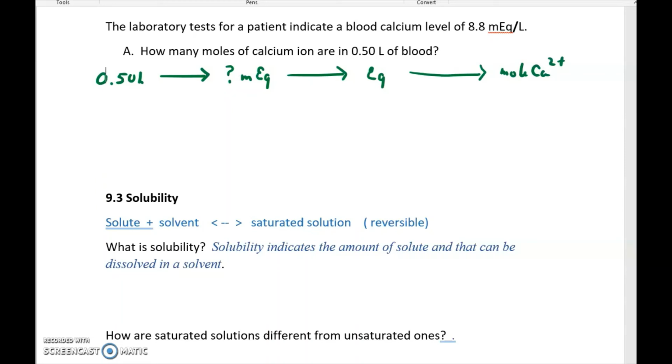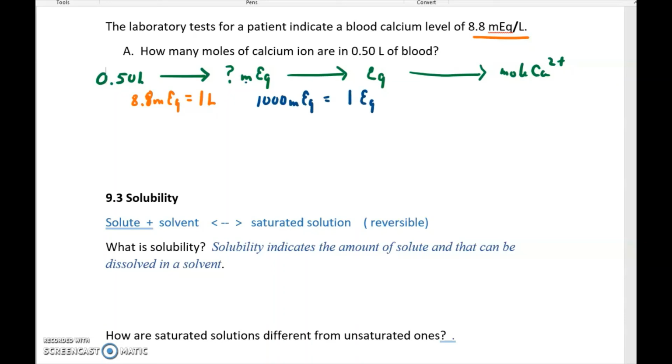Now, this is the first conversion. We can use this statement right here. We know that 8.8 milliequivalents is equal to 1 liter. Okay, milliequivalents to equivalents. We know that there are 1,000 milliequivalents in 1 equivalent.